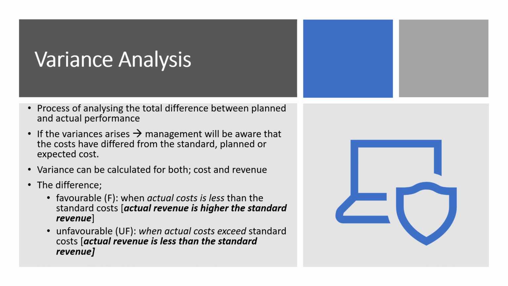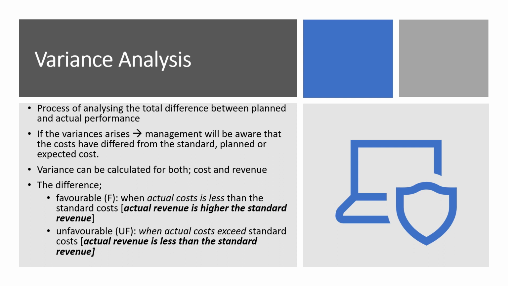Now the types of variances. A favorable variance occurs when actual costs are less than standard costs, or alternatively, when actual revenue is higher than the standard revenue. This indicates better performance than expected.